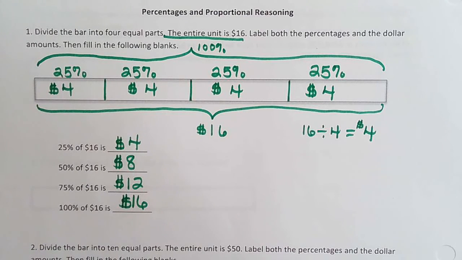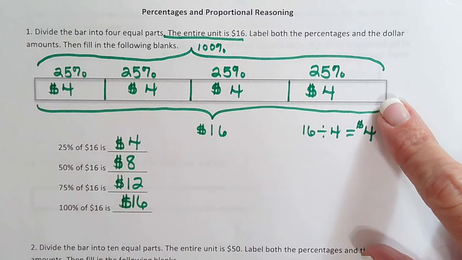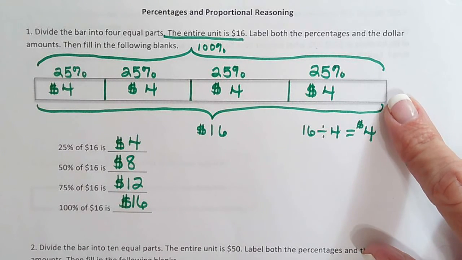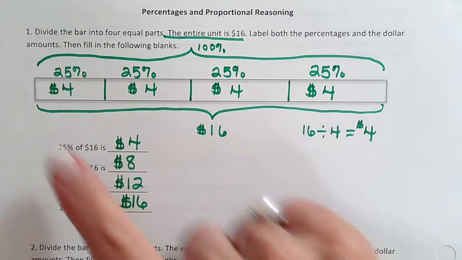Cool, huh? So that works when you have percentages that are divisible by 20, like 20, 40, 60, 80, 100. Percentages that are divisible by 10, 10, 20, 30, 40, 50, by 5, 5, 10, 15, 20. So anything that goes into 100 evenly, you could use this box for, this picture. You would just divide it differently.